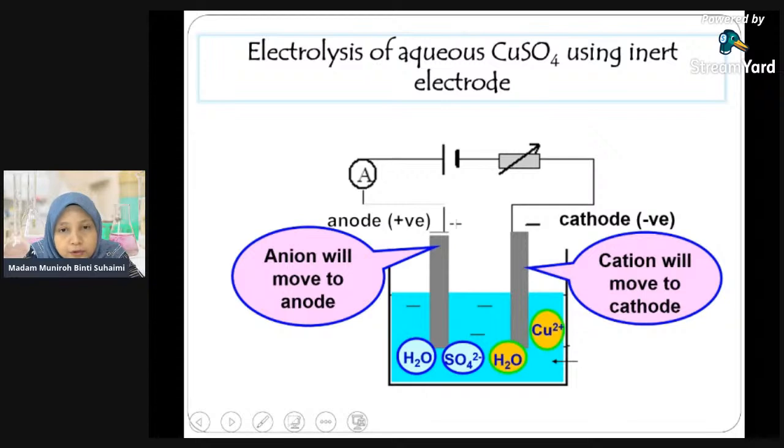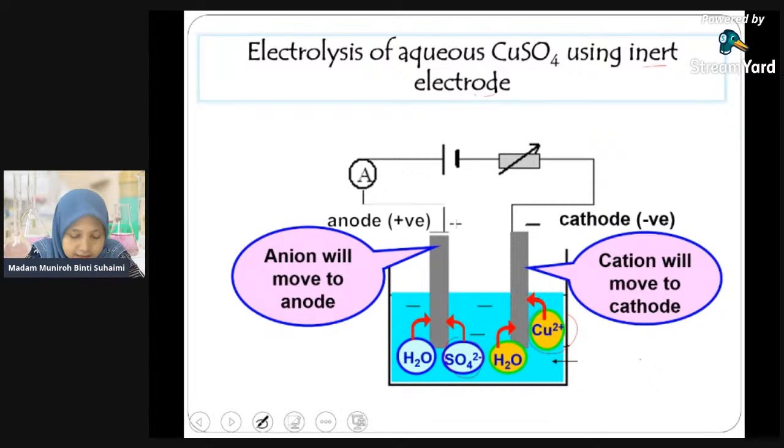From this slide we can see electrolysis of aqueous copper sulfate, using inert electrode also. Anion will move to the anode, cation will move to the cathode, and the water molecule will go to both the anode and the cathode.